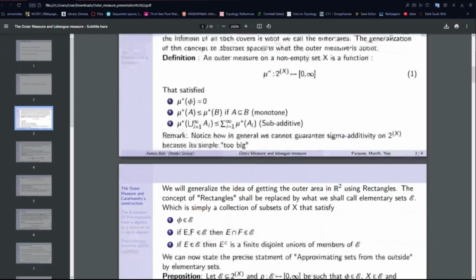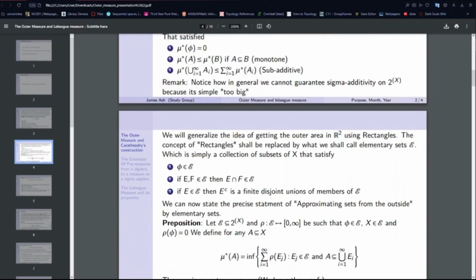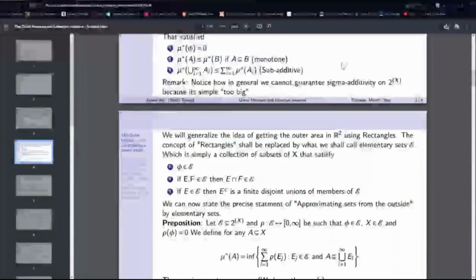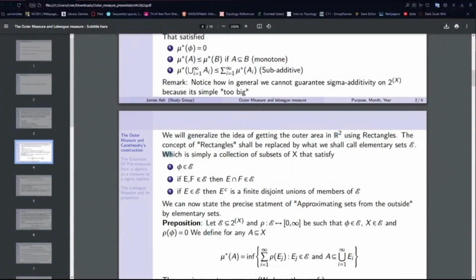So, in abstract spaces there are no rectangles in most of the cases. So we need a way to speak about giving measures to certain things, and this is the idea of elementary sets, which was given in chapter 1, I believe, or in section 1.2. Very quickly, I want to mention that what you said about the sigma additivity, that's only for measures.